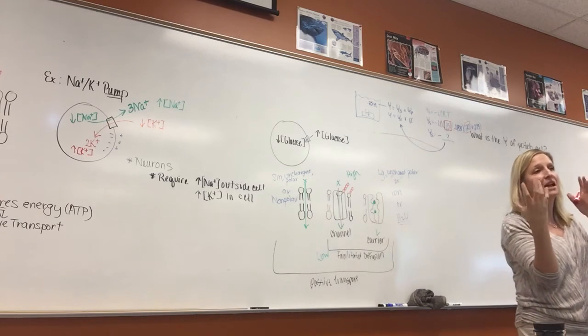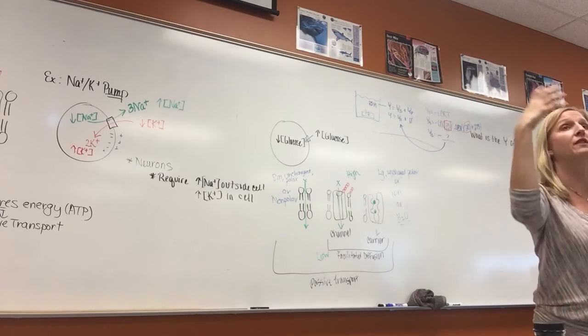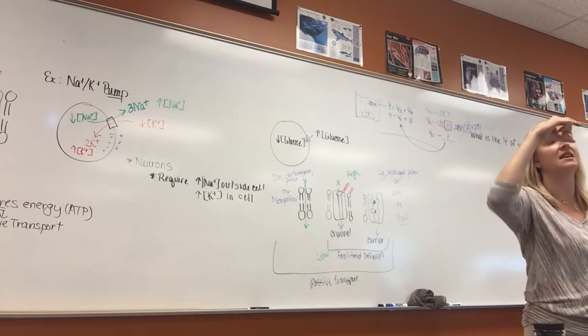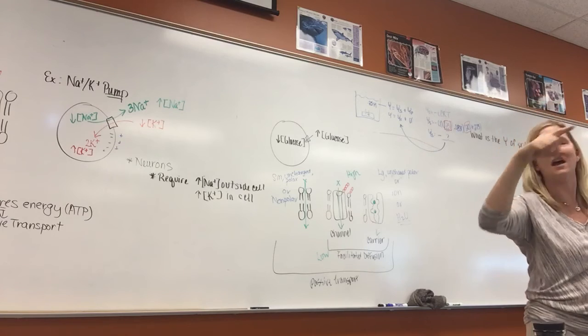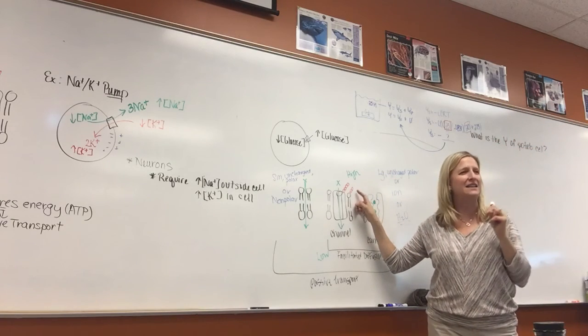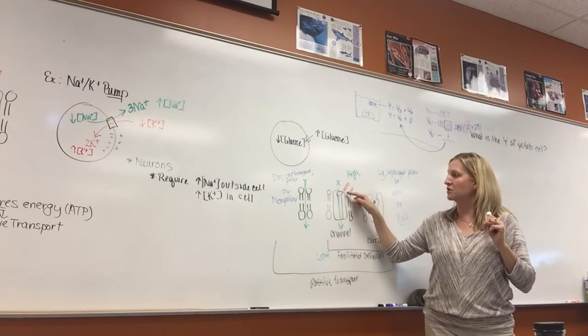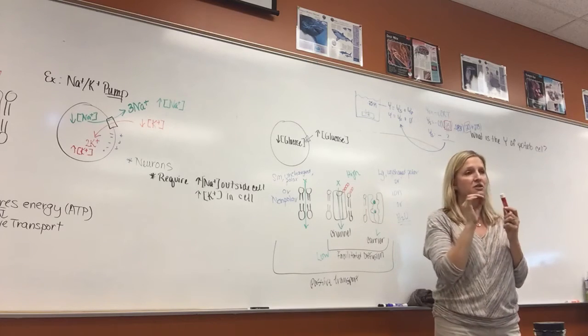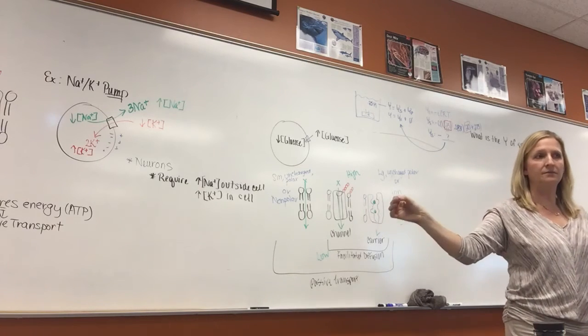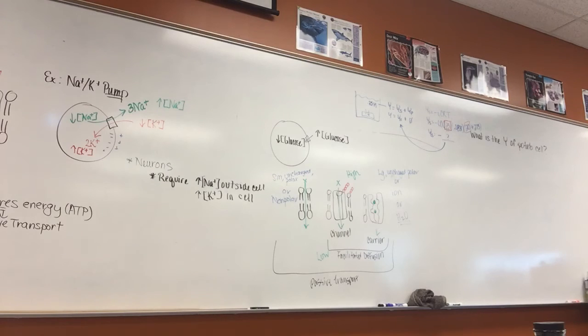That's how one cell can tell whether it's the same type of cell or a different cell, kind of like the analogy I used of ID tags. The types of carbohydrates are different from cell to cell. So when a cell with one type of carbohydrate chain comes into contact with a cell that has a different carbohydrate chain, that's how it tells that it's not the same type of cell. Does that make sense?